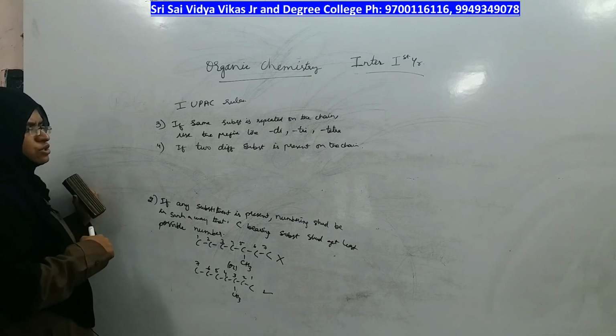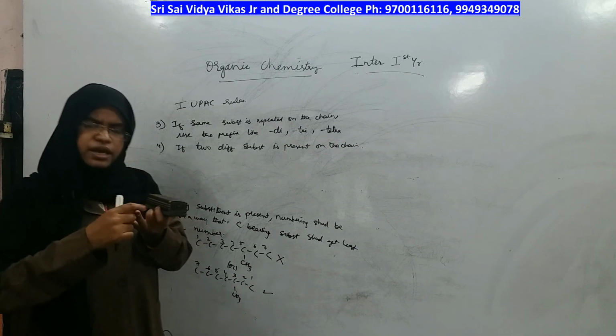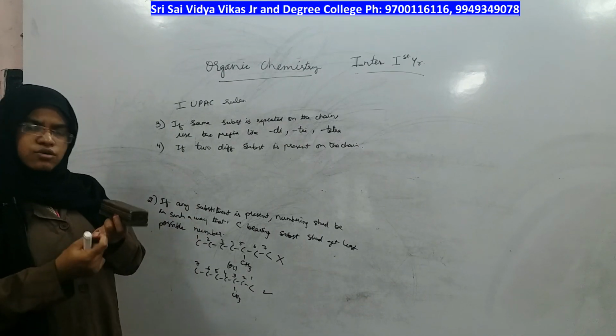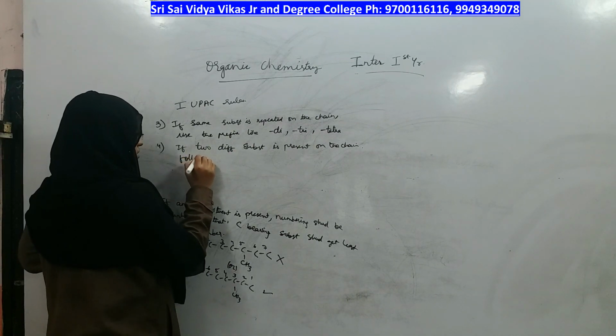That means in a single compound a methyl substituent is there and an ethyl substituent is there. Who should be preferred? Follow alphabetical order.